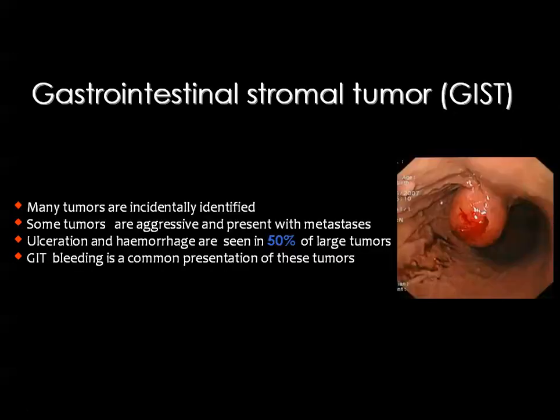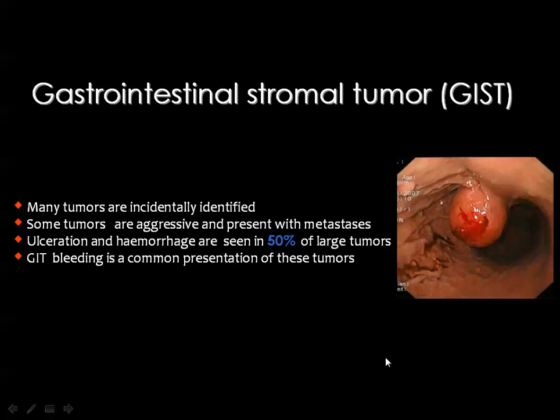These tumors are sometimes asymptomatic because they are small and do not cause many symptoms, and may be discovered incidentally. But sometimes the tumor is aggressive and may present with metastasis.